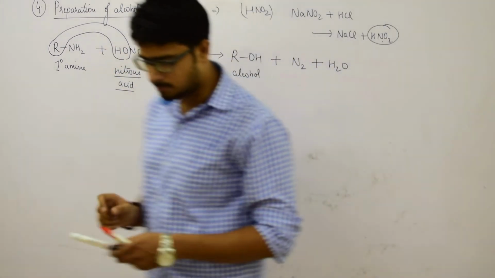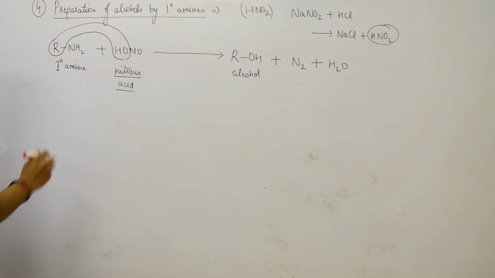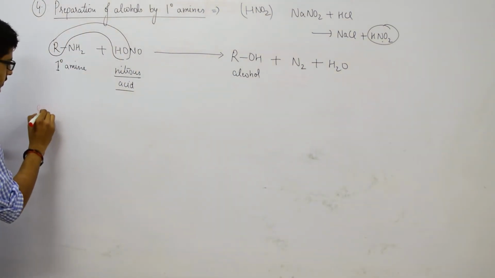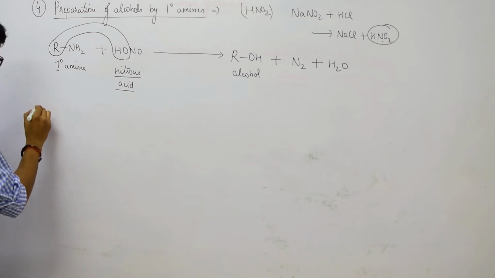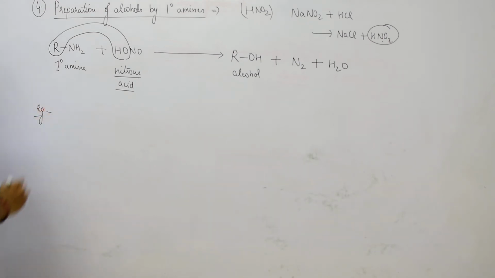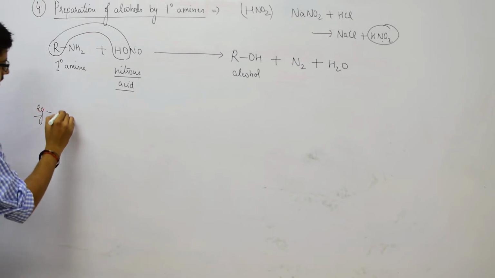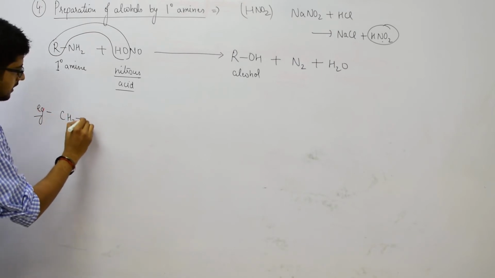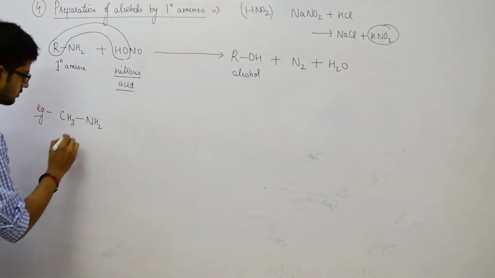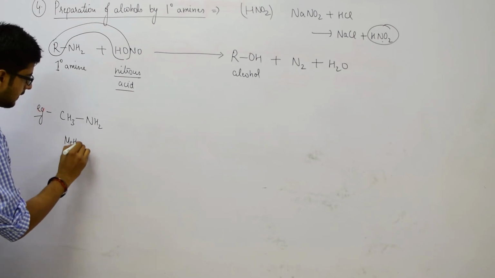Let us take one example of this type of reaction. For example, we have CH3NH2. This is our primary amine called methanamine.